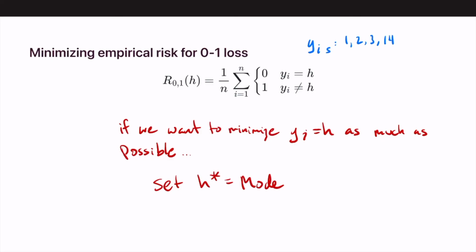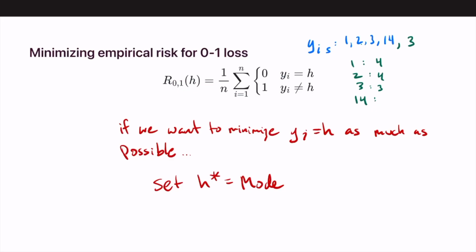And just as an example, if we also had 3 again, and we did it for 1, 2, 3, and 14, for 1, we have 5 values, so it would be 4, 4, 3, because it's 1, 2, 0, 3, 0.